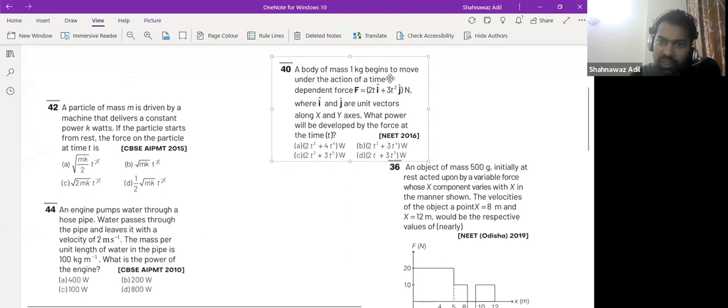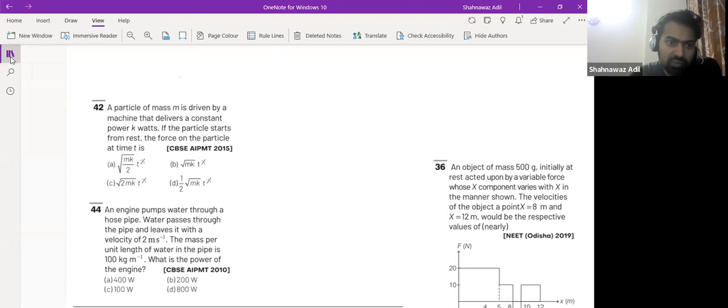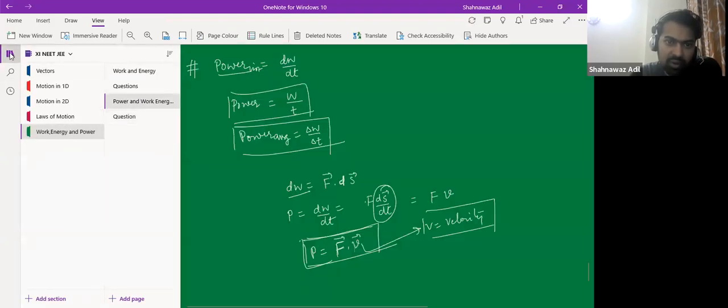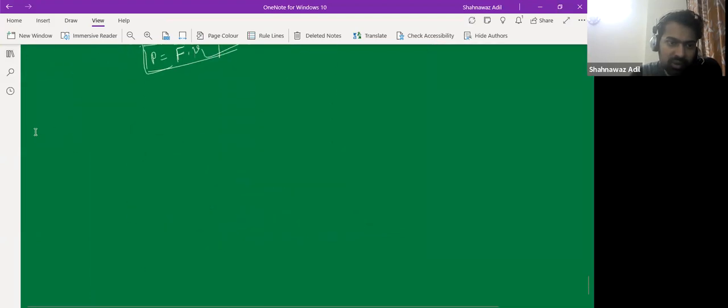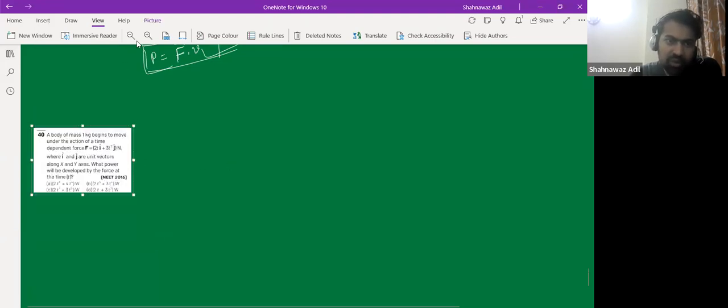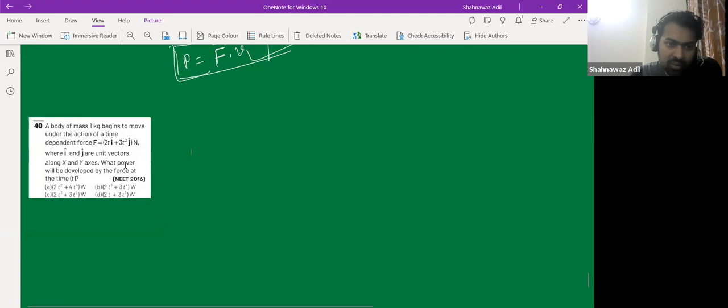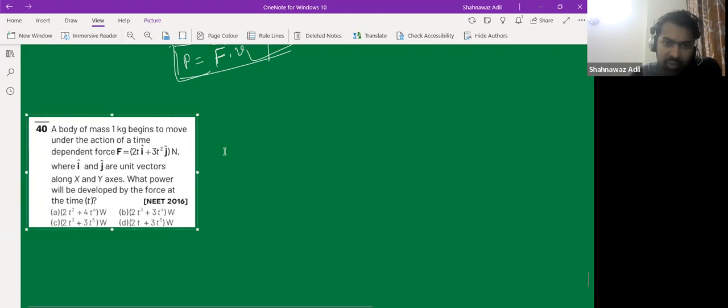A body of mass 1 kg begins to move under the action of a time dependent force along x and y axis.